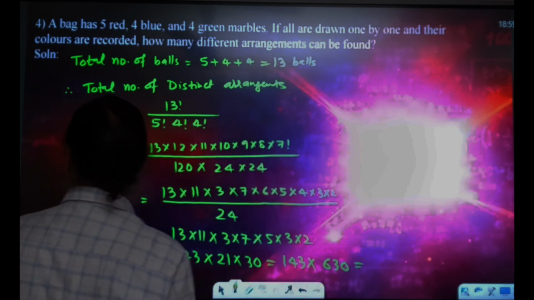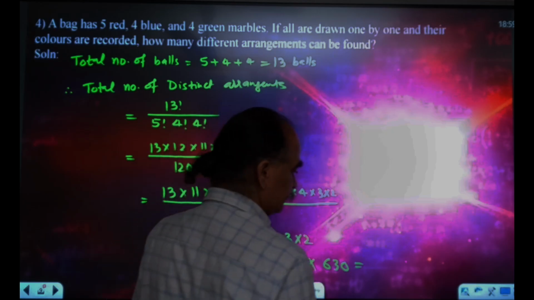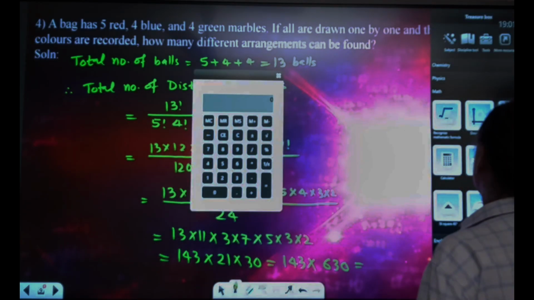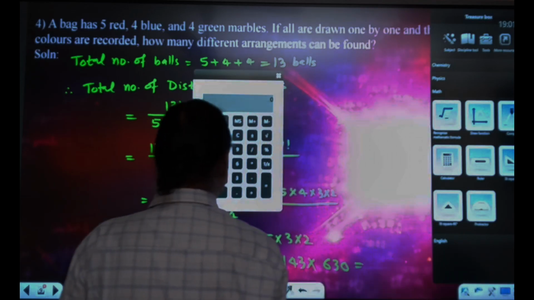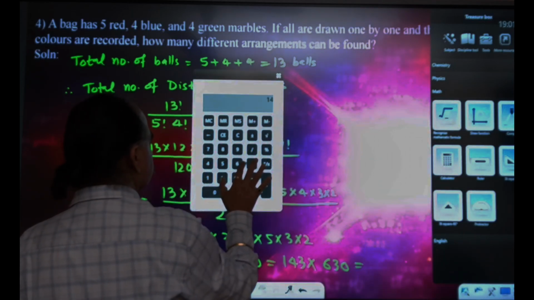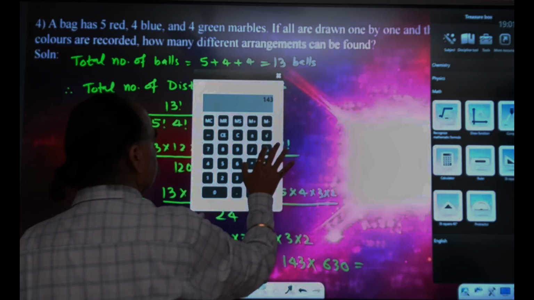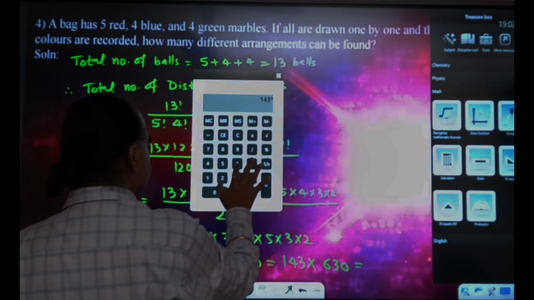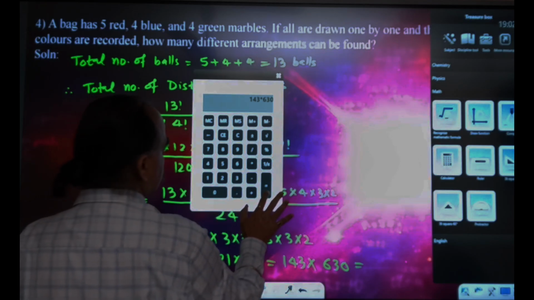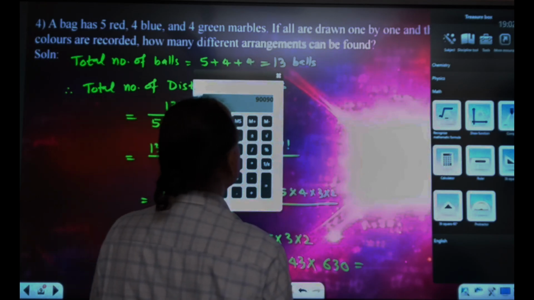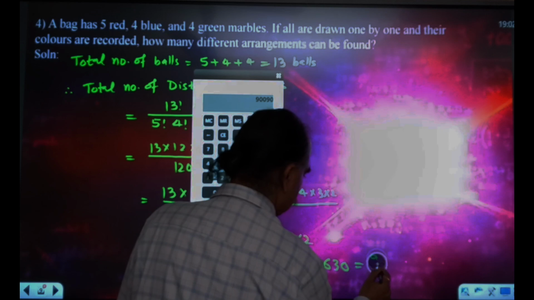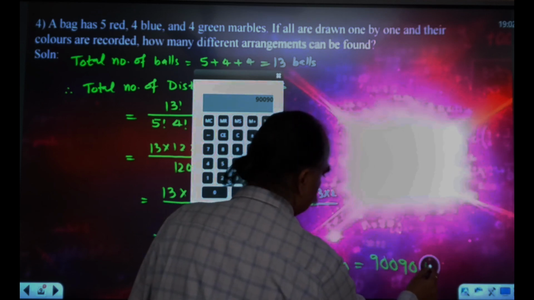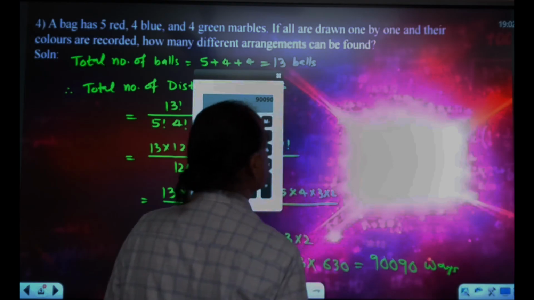This product will give you, now tools we can use. It is 143 into 630 is equal to 90090 ways.